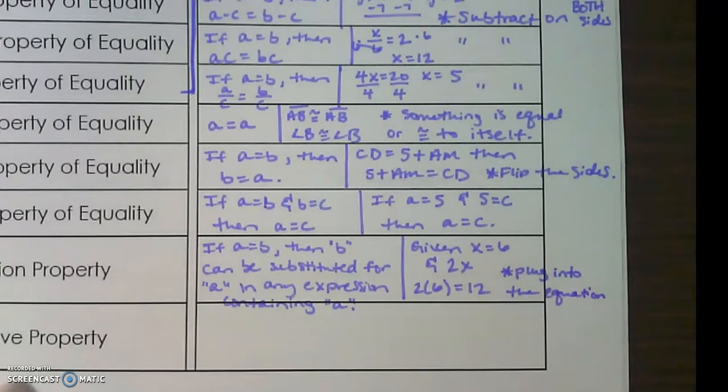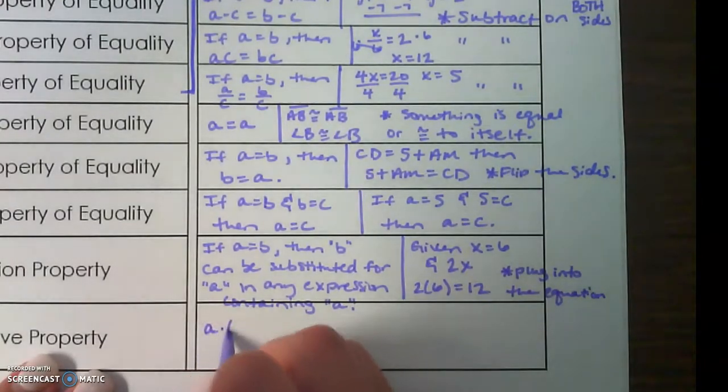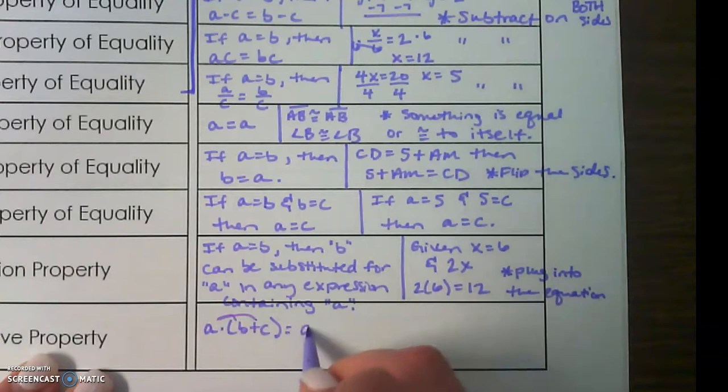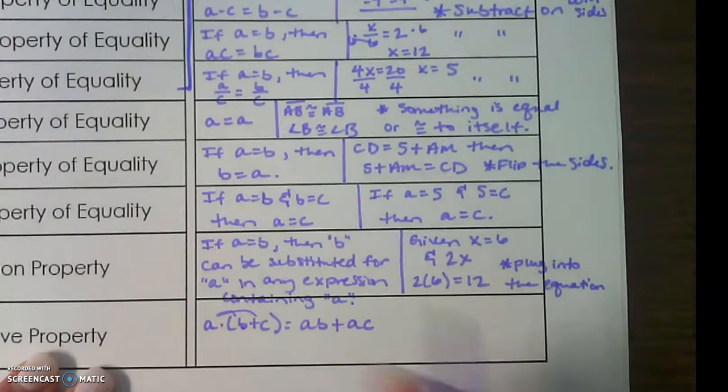Then the last one we have is the distributive property. So if we have A times B plus C, then when we use that distributive property, that's going to look like AB plus AC. When you multiply A and B together, you get AB. Then you're going to add what we get when we multiply A and C together. The other example down here would be using subtraction.